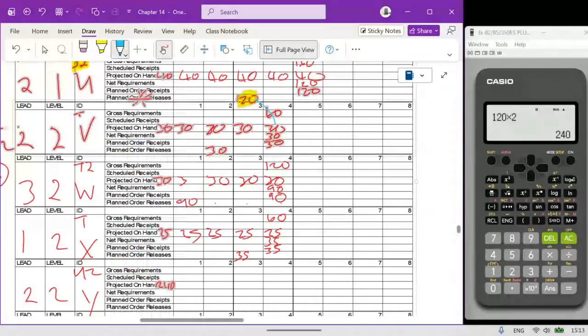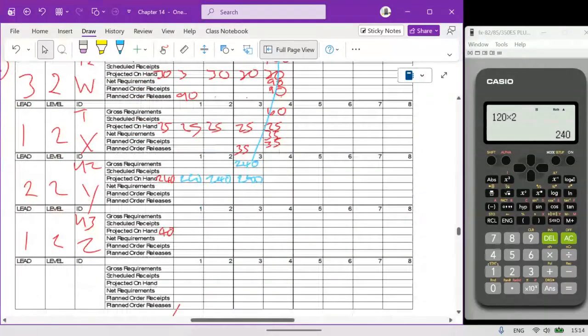Here. 120 to 240. So now what do we have on hand? We have 240, guys. 240 minus 240, you don't order anything. Leave it like that.